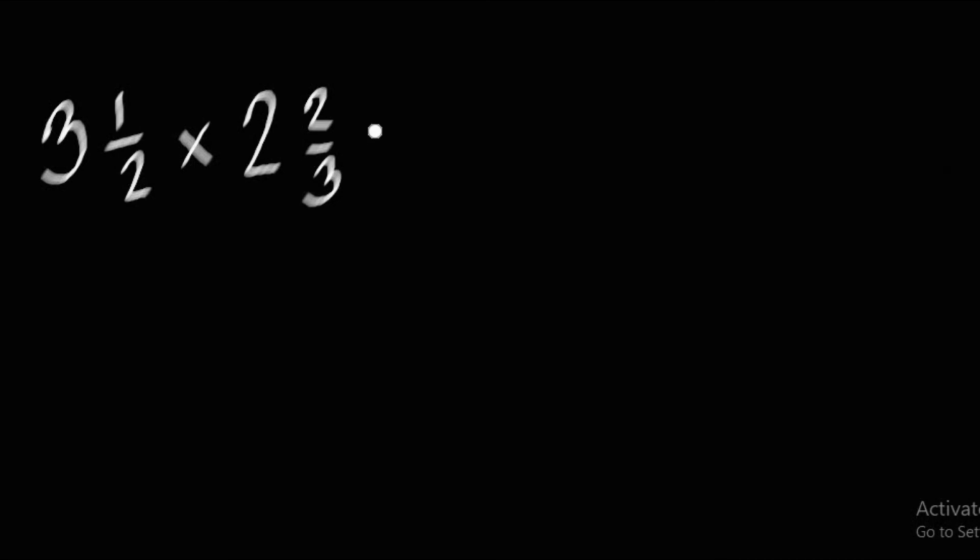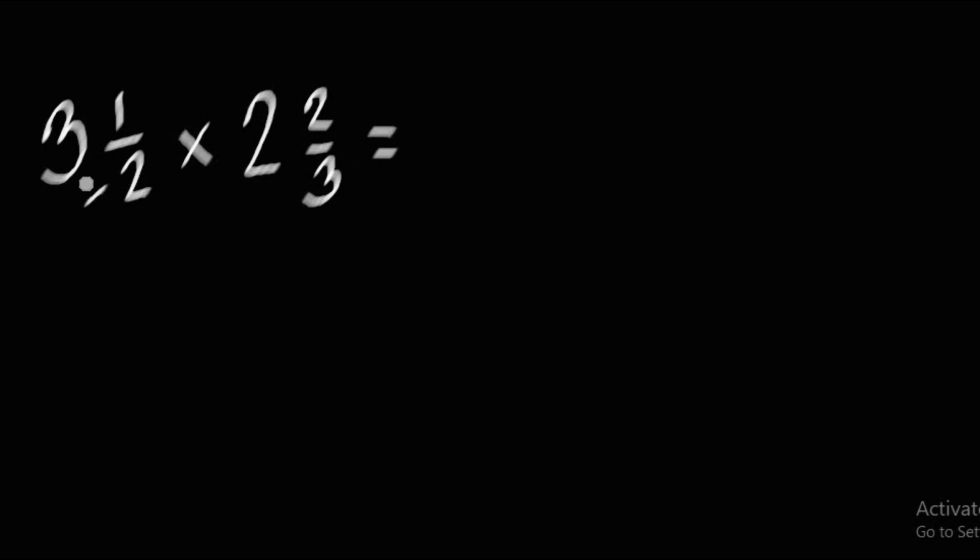Let's have more examples. Say 3 and 1/2 times 2 and 2/3. So first, we need to change all the mixed numbers into improper fractions.